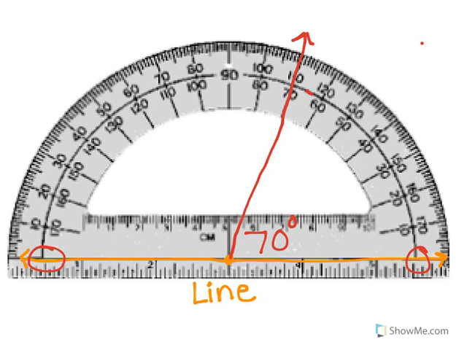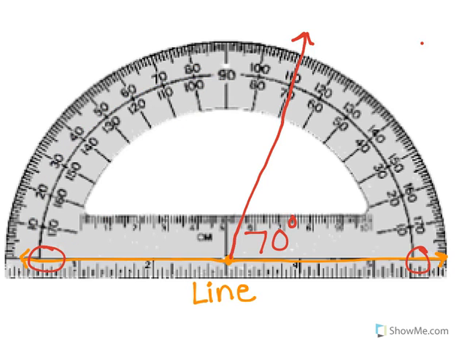I know to read the bottom number because this is an acute angle, which means it is less than 90 degrees. So, to measure this angle, I'm going to also look at the bottom numbers over here. Well, actually I would flip my protractor over.